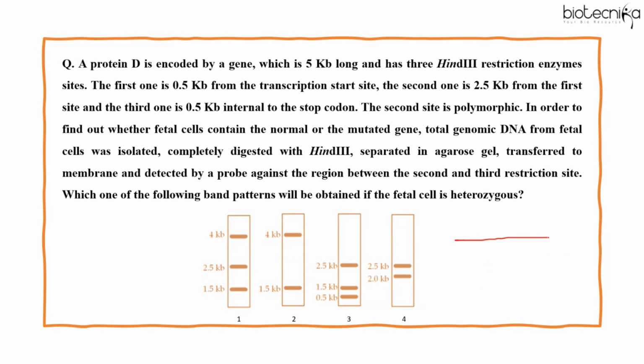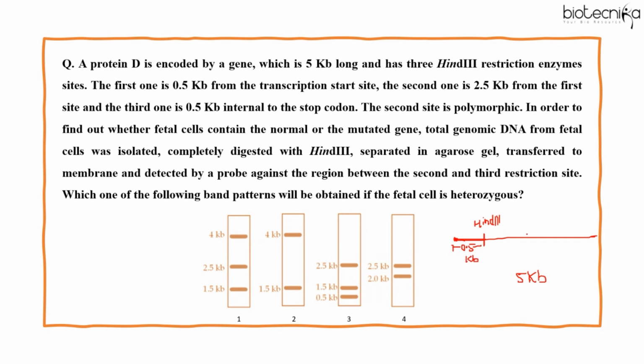If I draw it like this, it is 5 kb or 5000 base pair. The first one is 0.5 kb from the transcription start site. So if this is the start site, the first site for HindIII will be over here, right? And this much part is 0.5 kb.